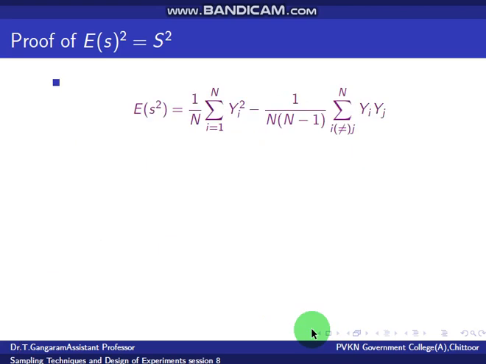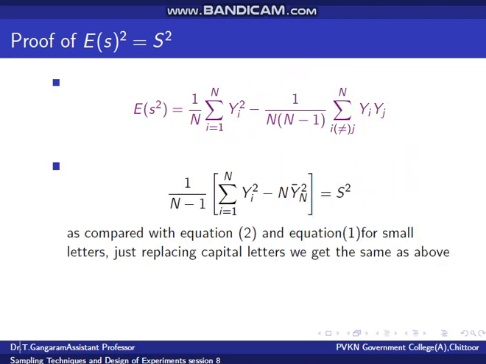This value remains. Look here, this is in pink color, similar to equation 2. The variation is that in equation 2, all values are in small letters. Here all values are in capital letters. This is equal to, this becomes, all values are small becomes small s square.